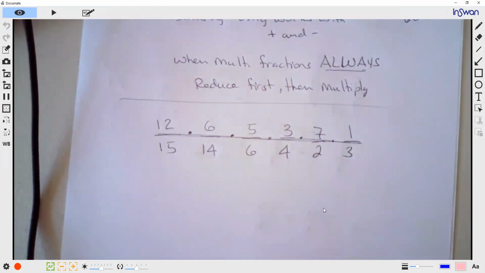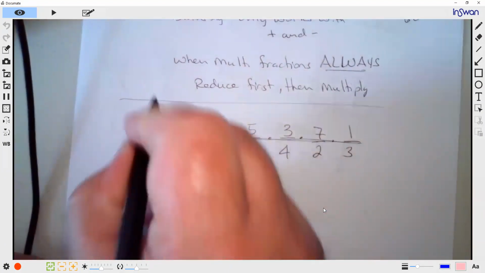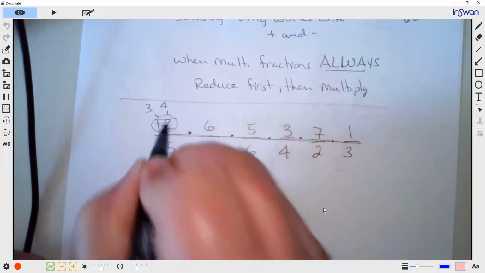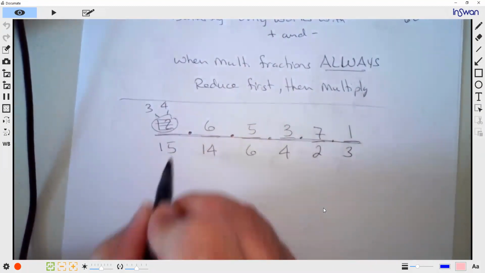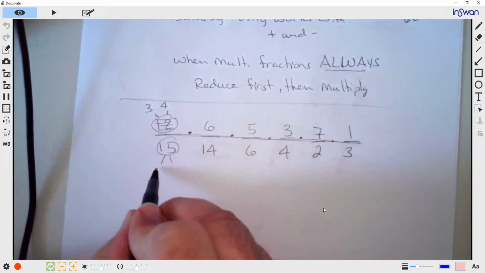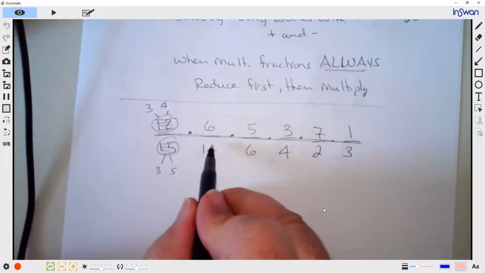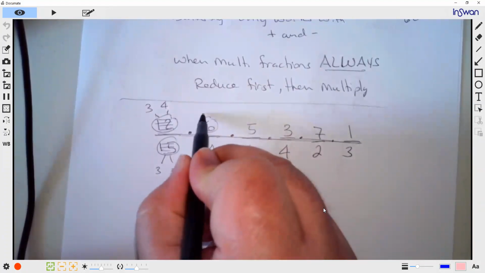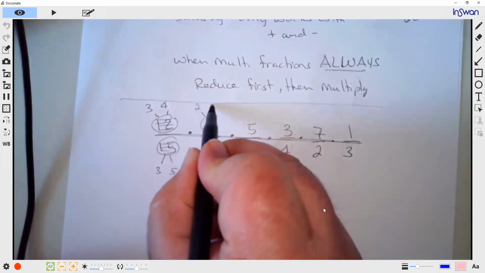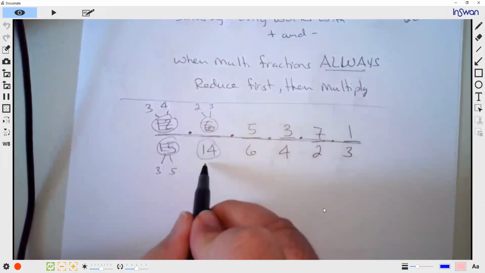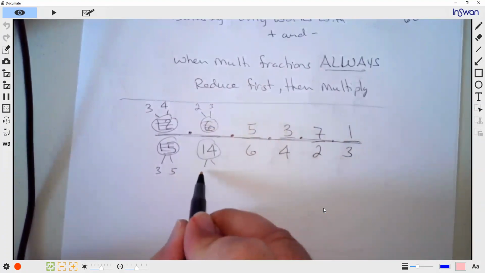So 12 would be 3 and 4. And then 5 would be 3 and 5. And then 6 would be 2 and 3. 14, 2 and 7.